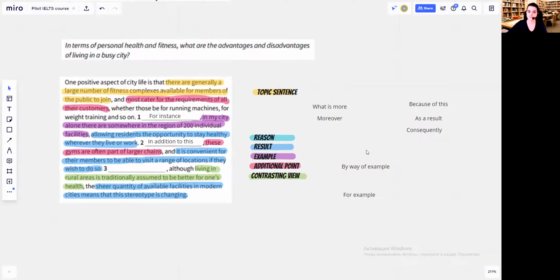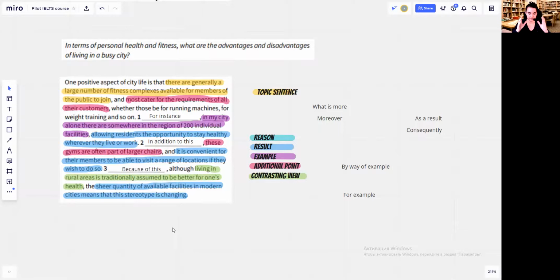Moreover is a good one. And lastly, we decided it was a result, a consequence of everything we've heard so far. Let's go with because of this. So this is basically it. This is how you write a nice, connected, cohesive paragraph.